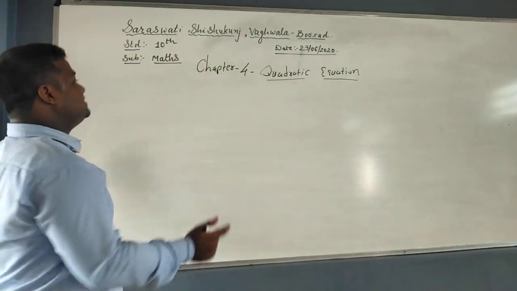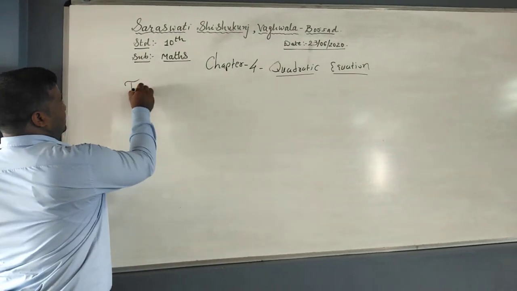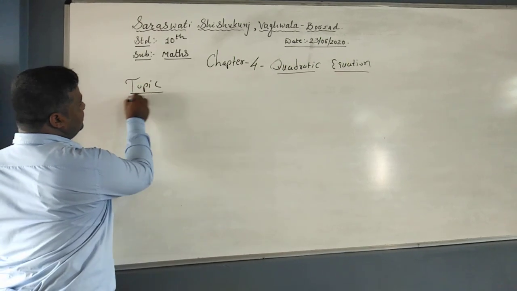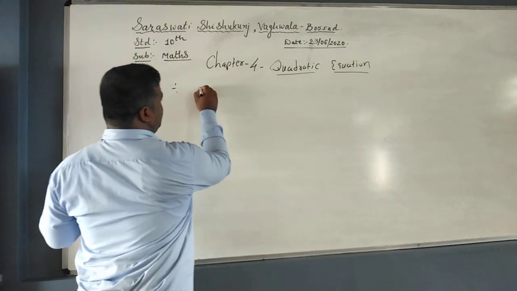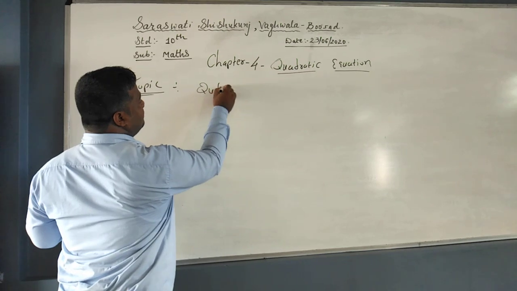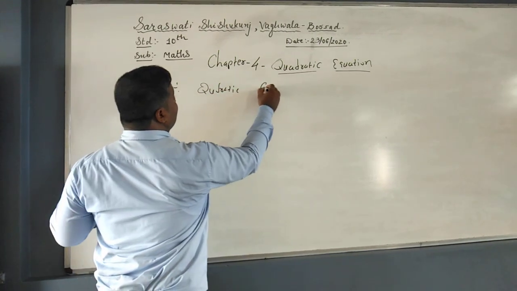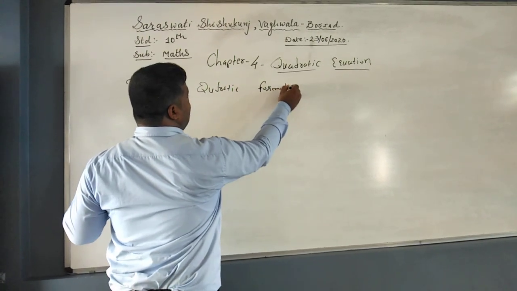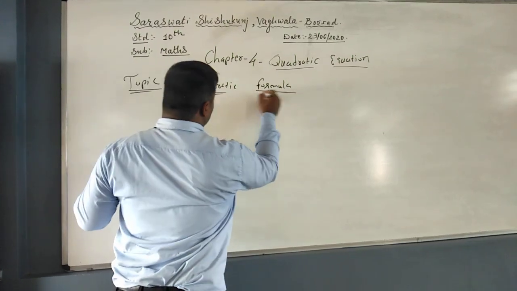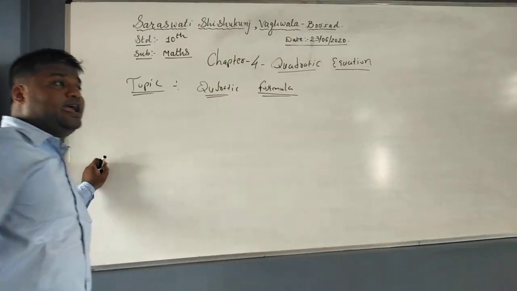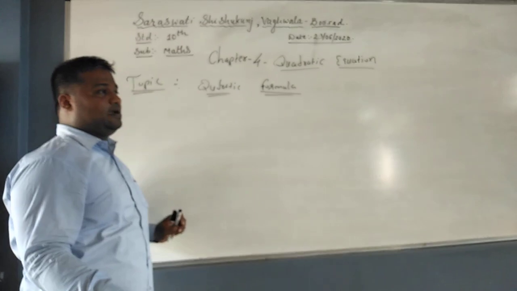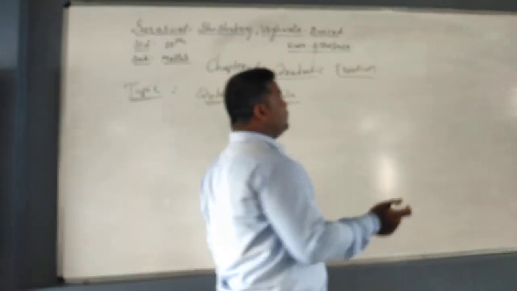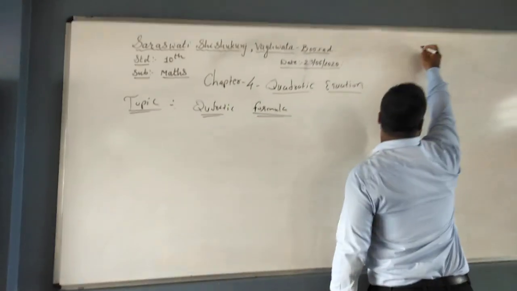But today's topic is interesting because the chapter itself gives the topic name, that is quadratic formula. For this I am going to take something which you are not liking, but it is really helpful to you. That is the 3 mark question we discussed.